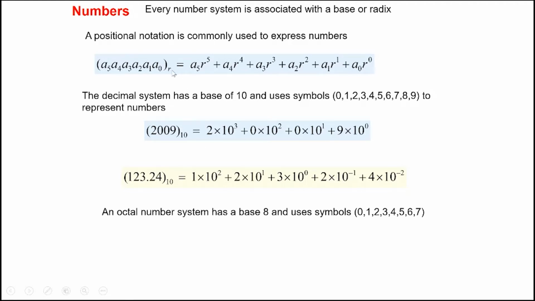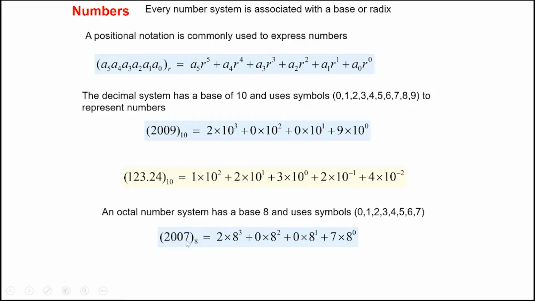Now, we could take the base or the radix R as 8. So that would become an octal number system. And that would use the symbols 0 to 7 here. So, for example, if there is a number 2007 to the base 8, well, the value of that particular number would be: the weight of the 7 is 8 to the power 0 here.